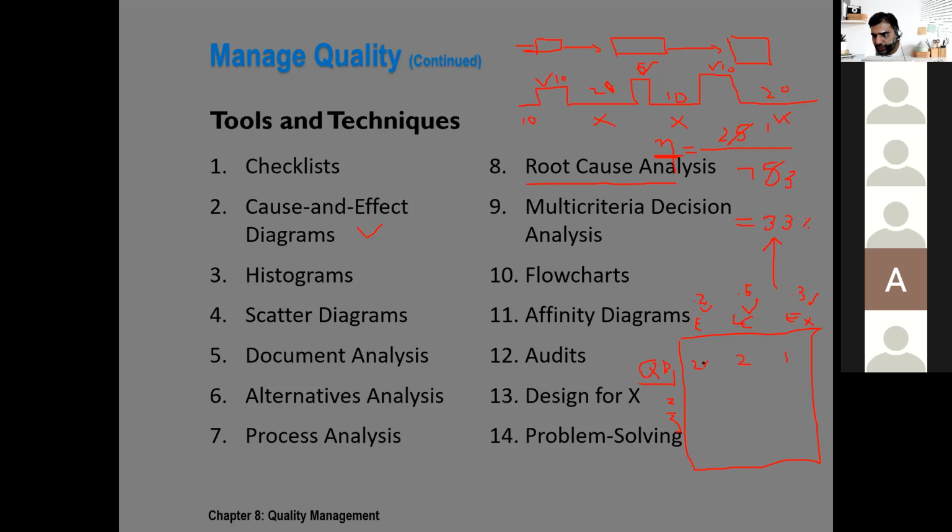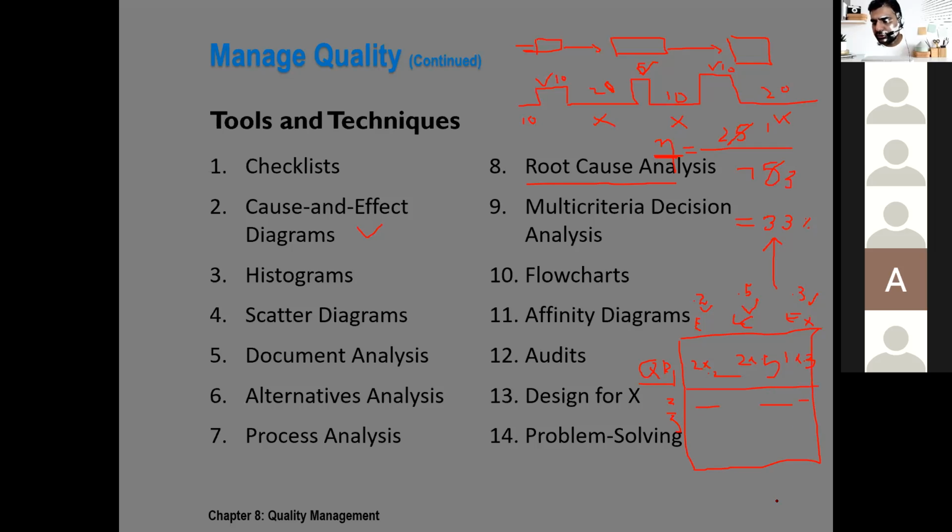So it will be 2 into 0.2. It will be 2 into 0.5, and the next one will be 1 into 0.3. Sorry for my ugly writing. And then for the next quality requirement, we do the same and calculate the figures based on the voting.